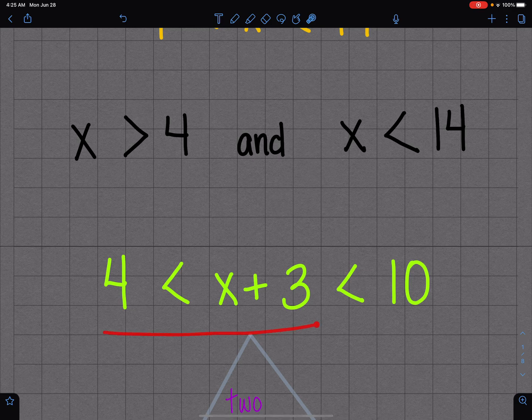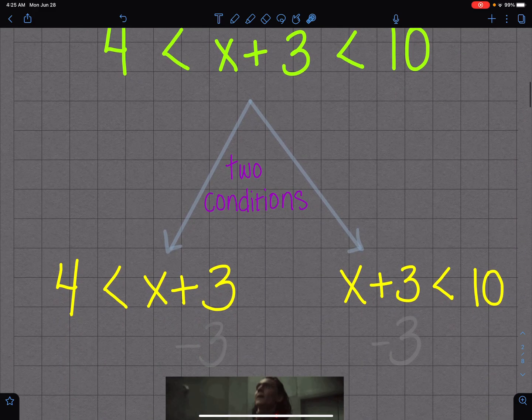So you're first going to read x plus 3 is greater than 4, or 4 is less than x plus 3. And then the second condition that has to be satisfied is x plus 3 is less than 10. So what you have to do is realize that there are two conditions, and then you can solve each condition separately.